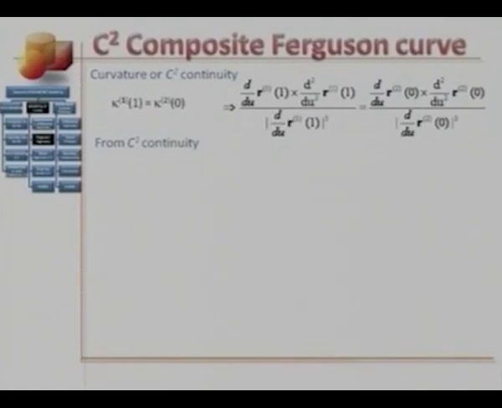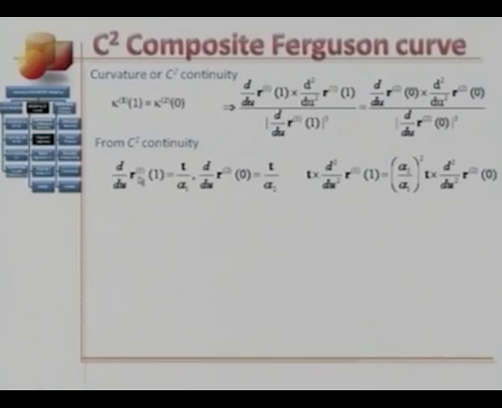We know from C1 continuity that dr over du for the first segment evaluated at 1 equals the unit tangent over the corresponding normalizing scalar, and dr over du of the second segment at u equals 0 is equal to t over alpha 2, the unit tangent over the corresponding normalizing scalar.